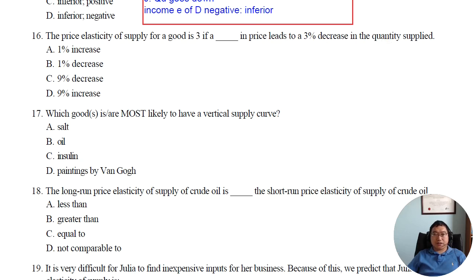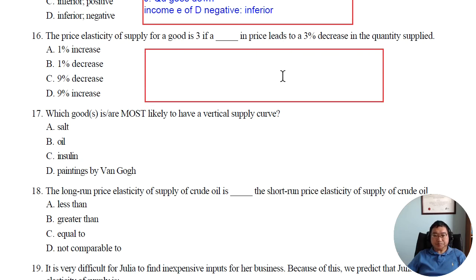So let's do the calculation. Still we have this price elasticity of supply, and it's the percentage change in quantity supplied divided by the percentage change in the price, and that is 3. That's what's given.